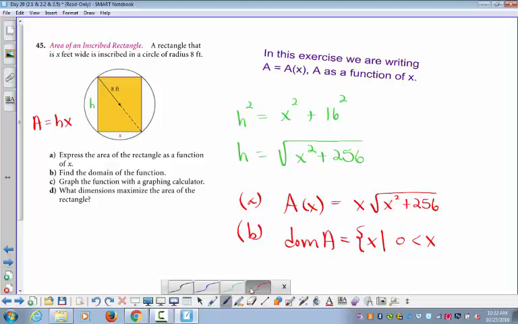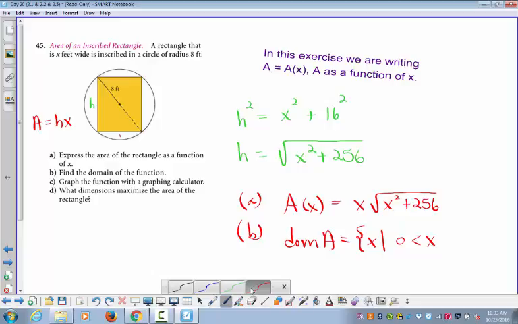Well, what do you think? We know the diameter is 16. So we said x has to be bigger than 0, but as we squash this rectangle, isn't 16 the other limit? We could never have x being greater than 16, the diameter.